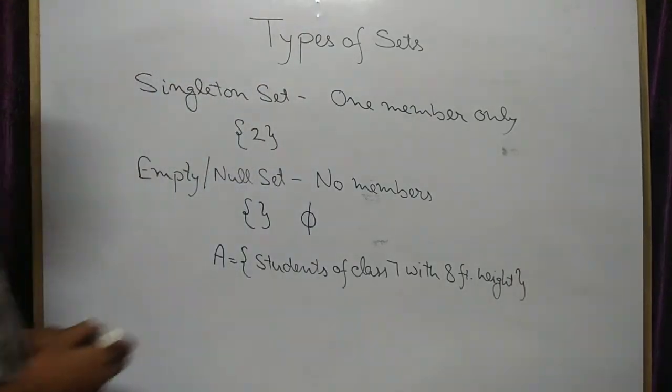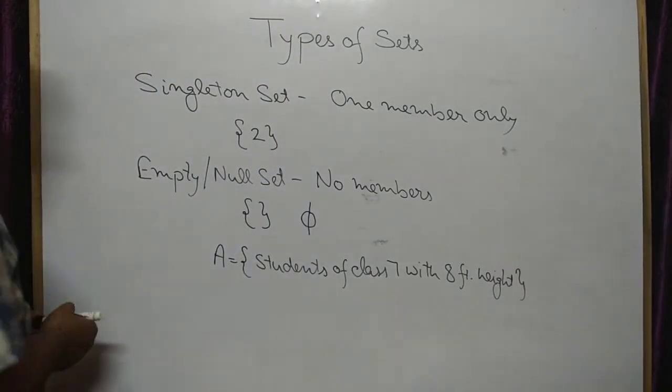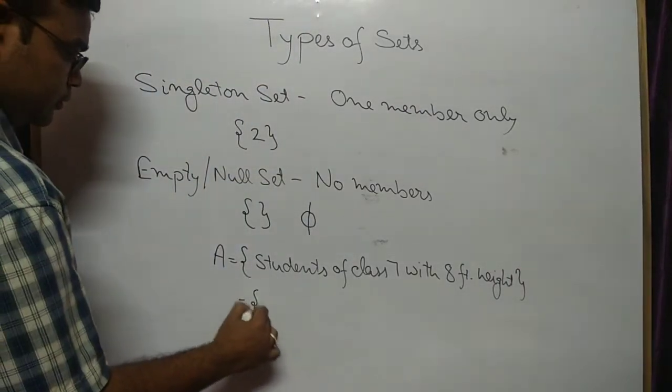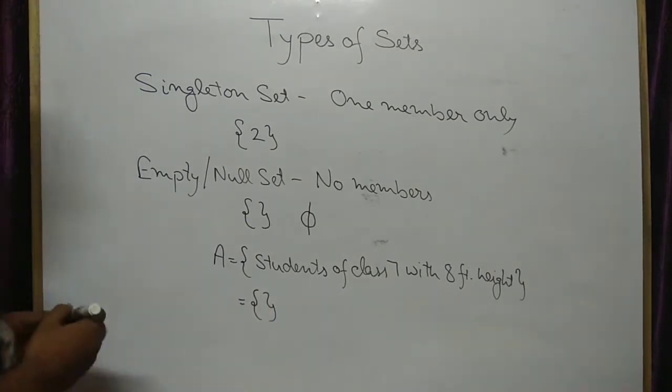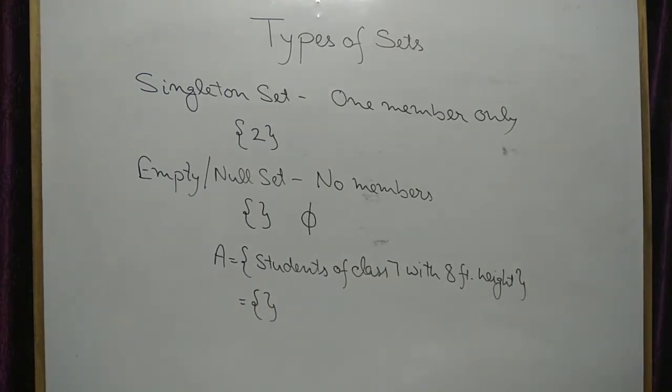As we know, it's not possible, so this is your empty set or null set. Means in this set no members are there.